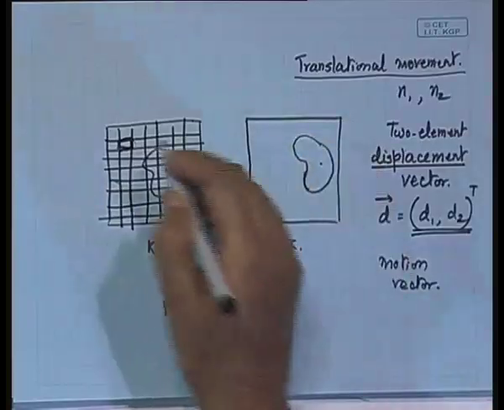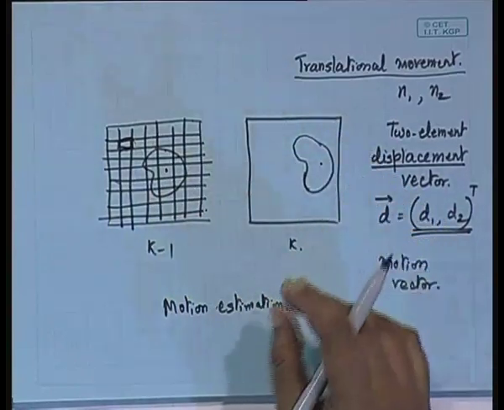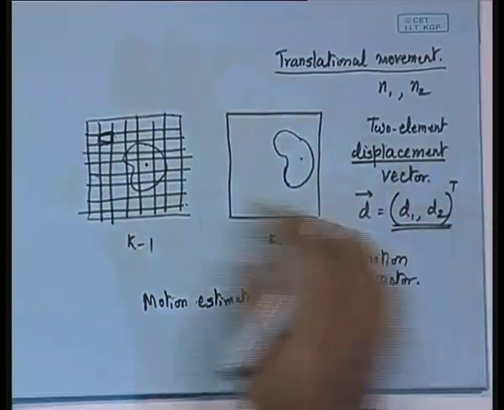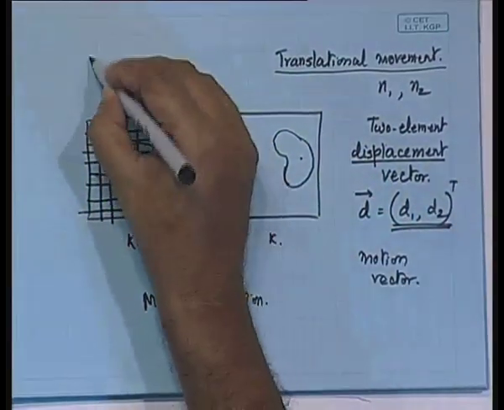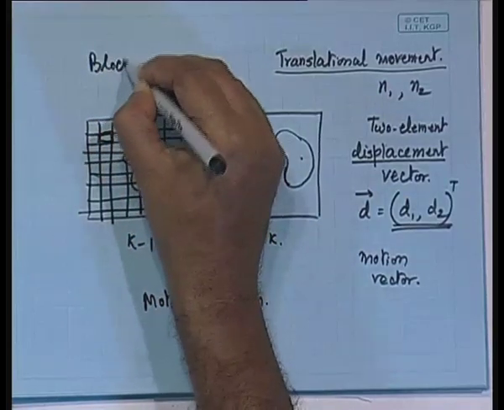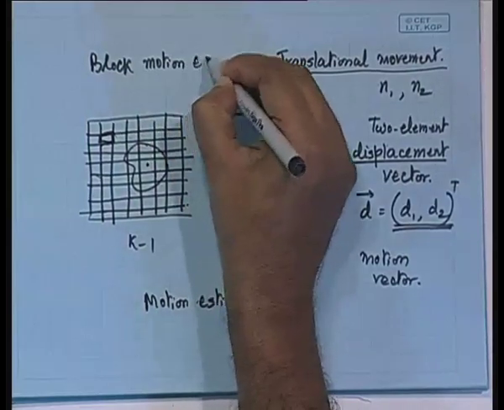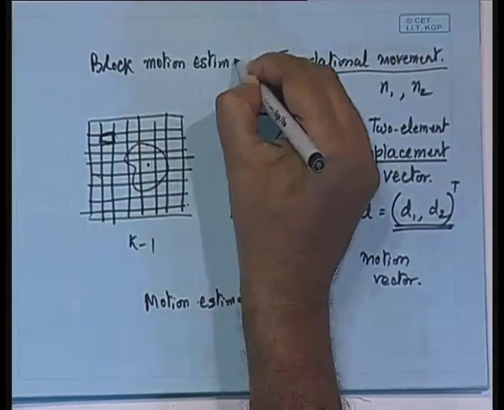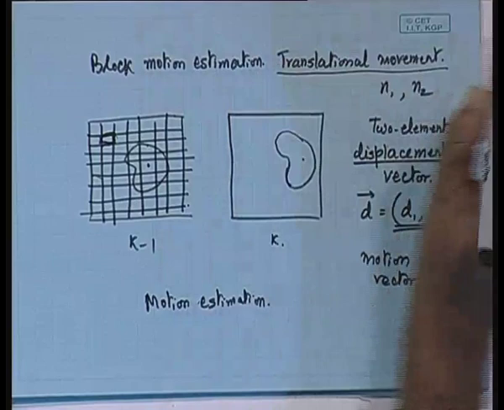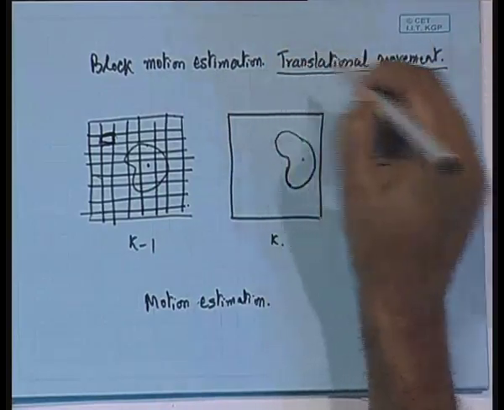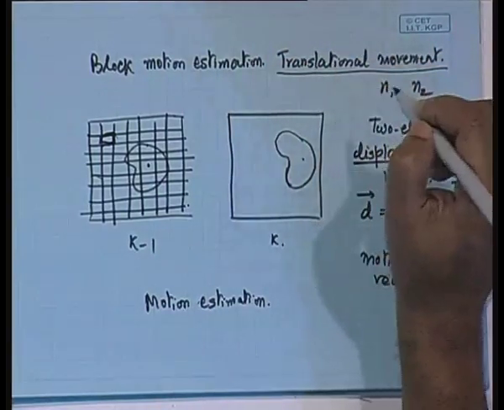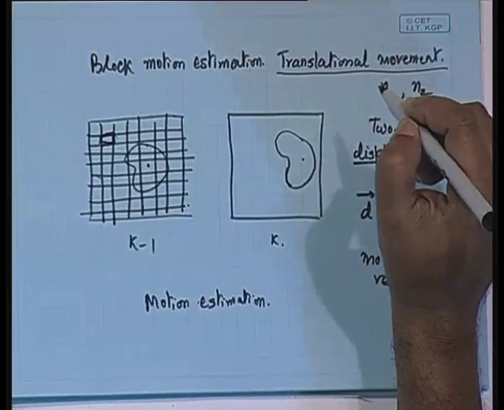This way of estimating the motion by subdividing the image into blocks is called the block matching technique or block motion estimation technique, whereby we subdivide the image into small blocks and estimate their motion.